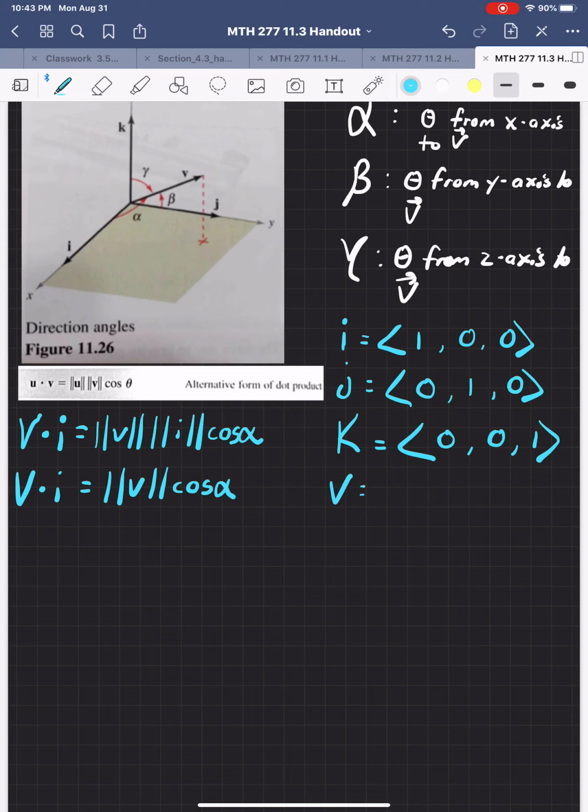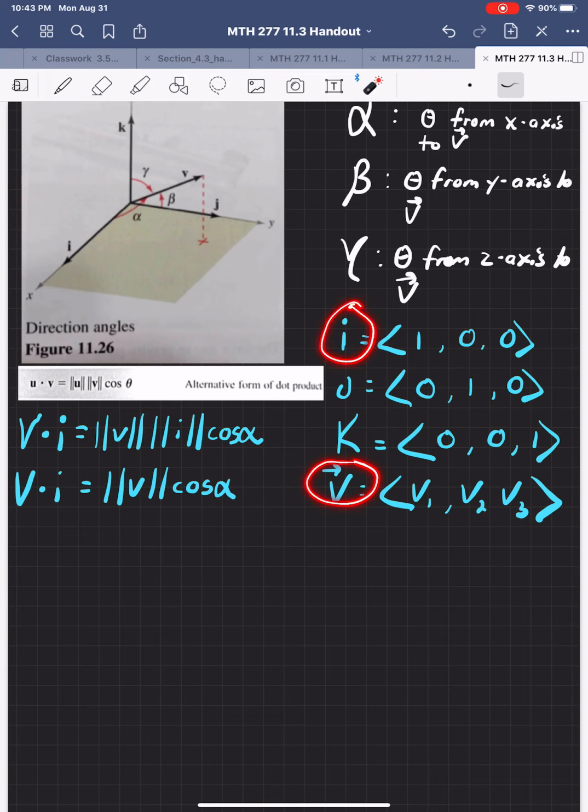So vector v, as you recall, we just normally use components like v sub 1, v sub 2, v sub 3. Now, can you see that if I were to dot these two vectors, you would only be left with a v sub 1? I want to see if you can spot that before I do it.